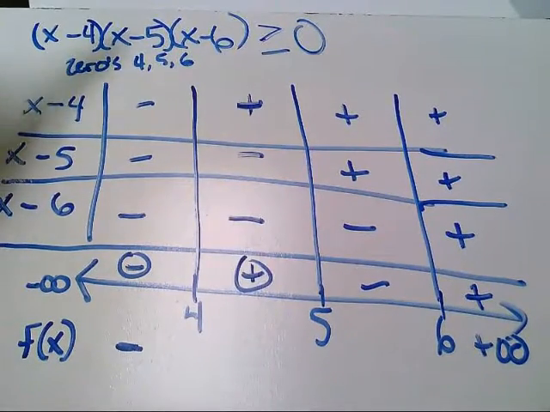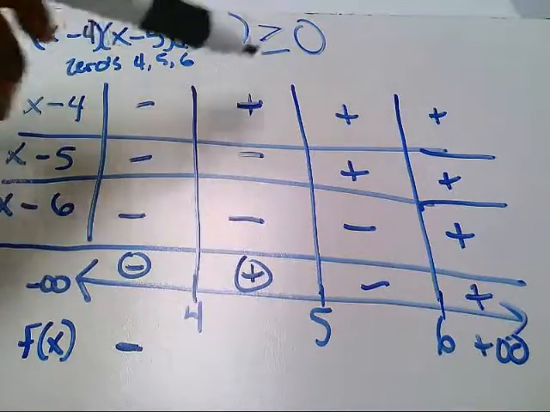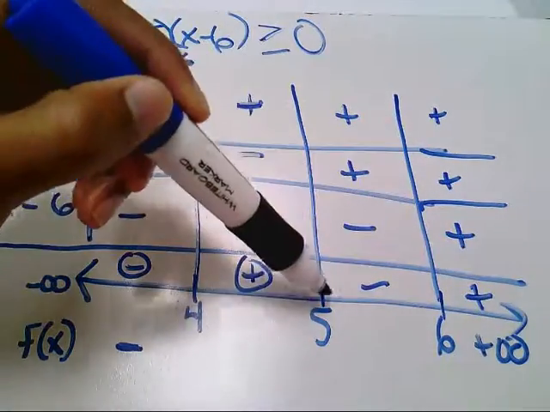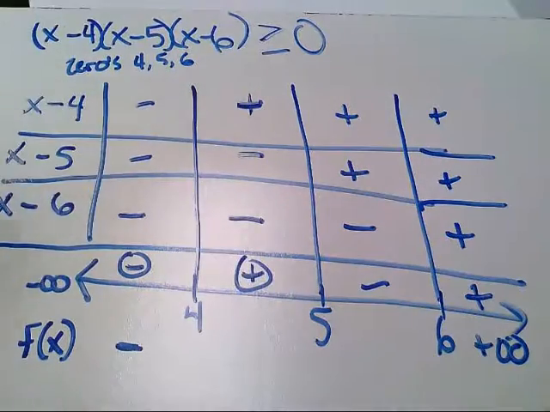Now, if we go back to our problem to find our final answer, we only want the sections that are greater than or equal to 0. We use solid lines to remind us that at these endpoints, these will be included because we want equal to 0.